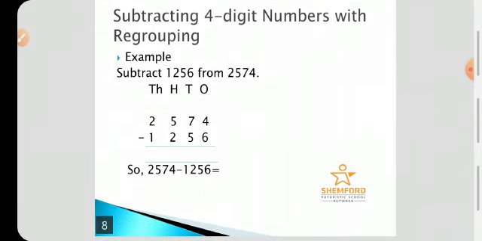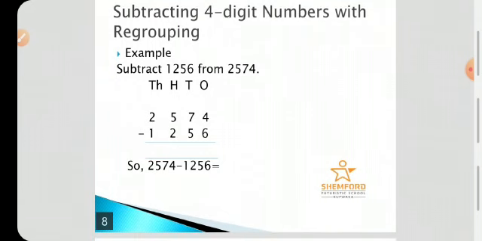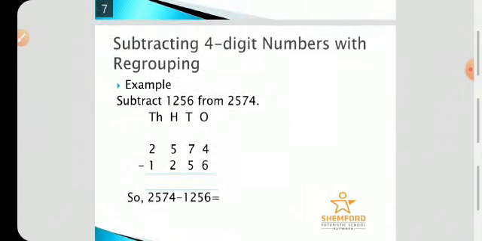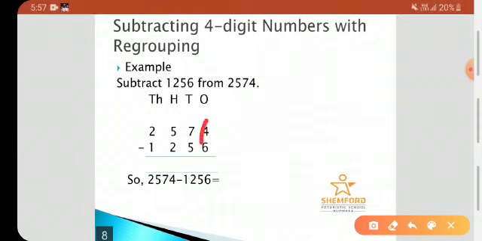Another example, subtracting 4-digit numbers with regrouping. Okay, example, subtract 1256 from 2574. What will be our first step? We have to subtract ones, but here 4 is less than 6 ones.